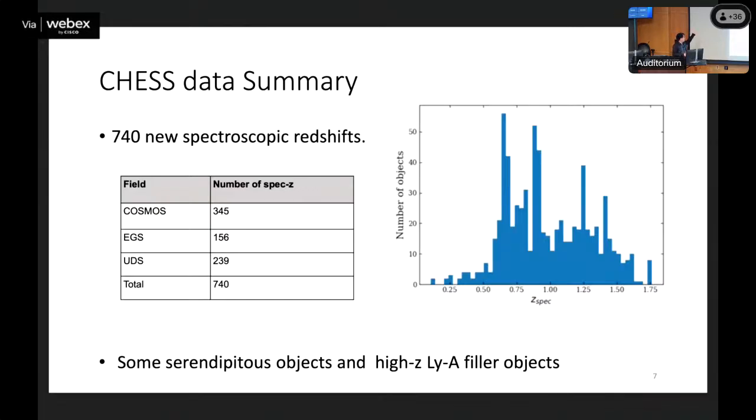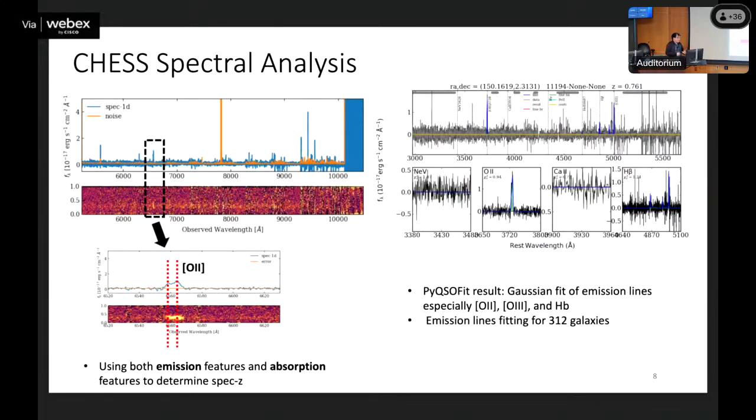We have 740 new spectroscopic redshifts from the CHESS survey in the redshift range of 0.5 to 1.7. We also obtained some serendipitous objects and some high redshift Lyman alpha objects as well. Apart from spectroscopic redshifts, we also obtained some emission line fitting.